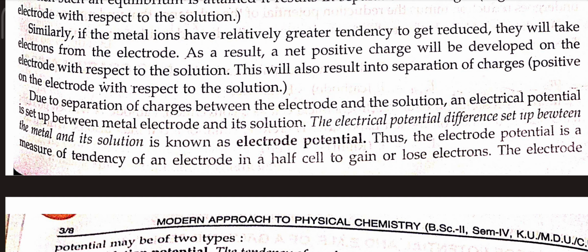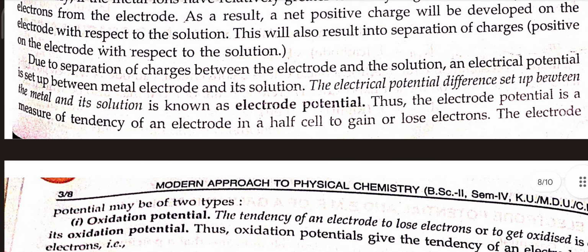This will also result in separation of charges, positive on the electrode with respect to the solution. Due to the separation of charges between the electrode and the solution, an electrical potential is set up between the metal electrode and its solution. The electrical potential difference set up between the metal and its solution is known as electrode potential.